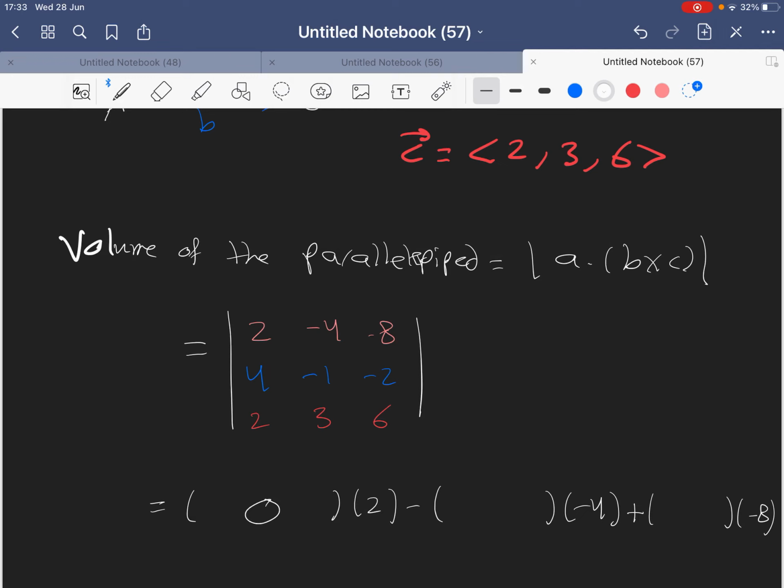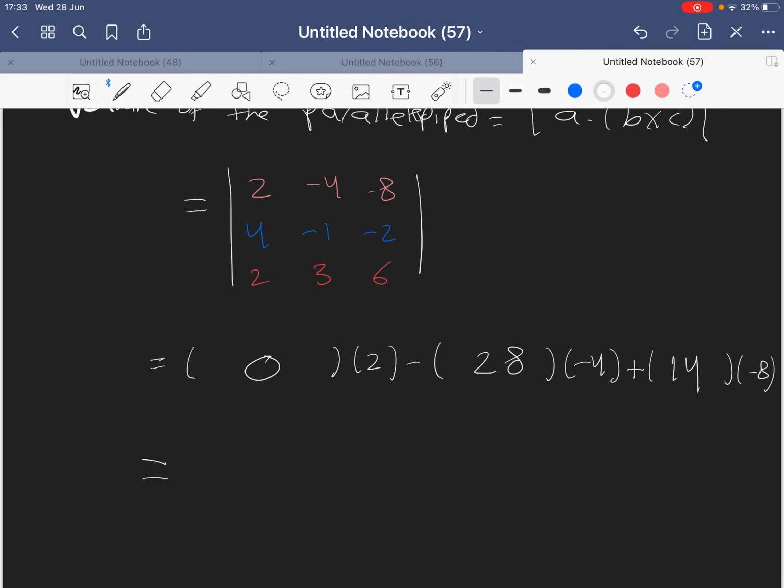Nothing here. Check the second one. This will be 24 plus 4, which is 28. And finally, cancel this one, cancel this one. This is 12 plus 2, which is 14.